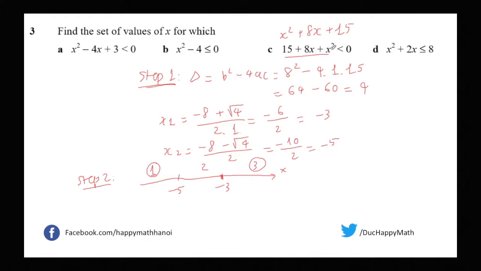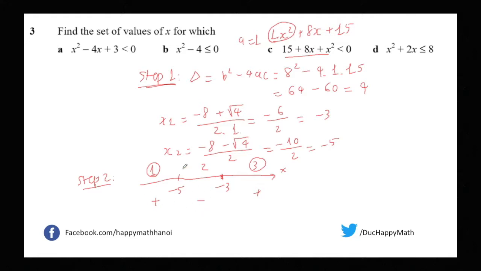So in this question, a equals 1, the coefficient of x squared equals 1. It means positive. So the intervals 1 and 3 are positive, and the middle interval will be negative. It has to be different from both outside parts 1 and 3.